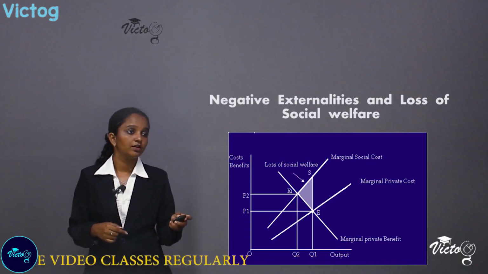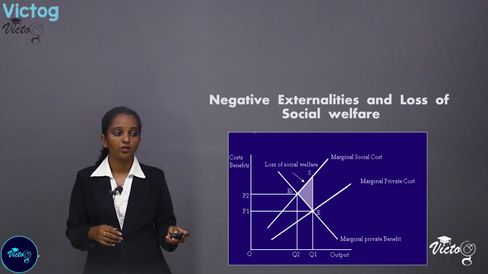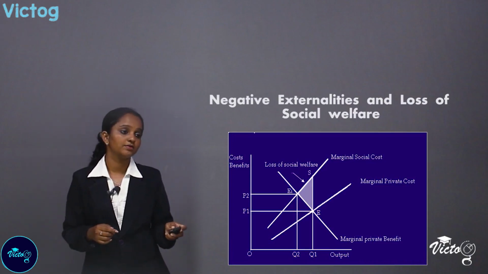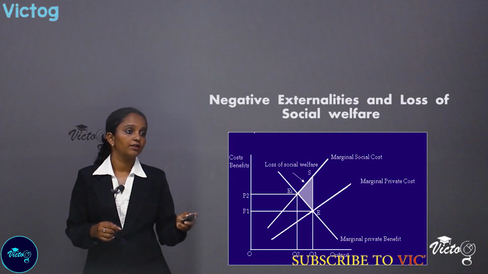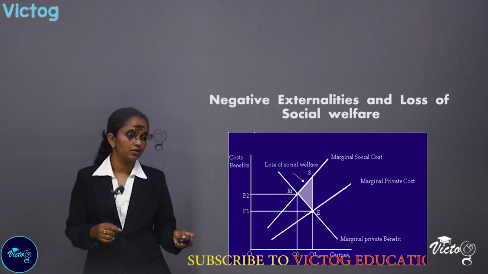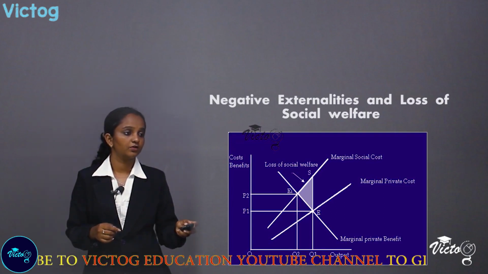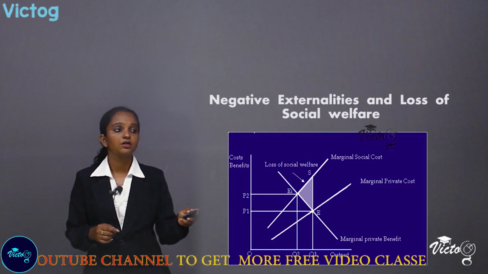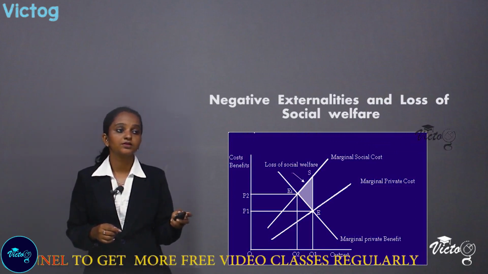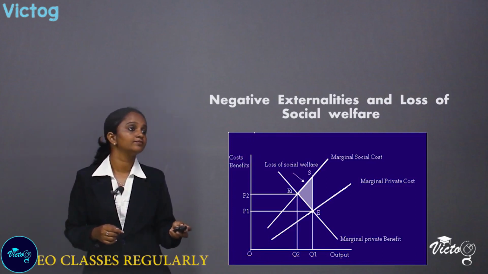So here we assume that there is no marginal social cost in the economy, but in the actual case, at the P1 level of price and Q1 level of quantity, the marginal social cost is this much. So Q1E is the marginal private cost and Q1ES is the marginal social cost. So marginal social cost is greater than the marginal private cost.